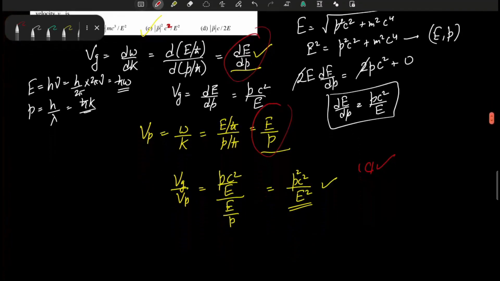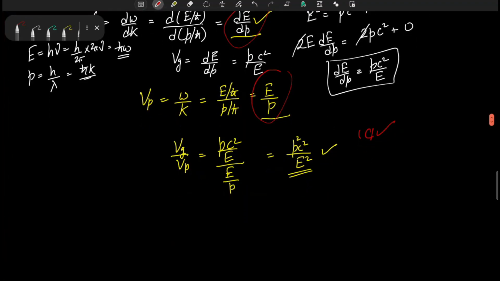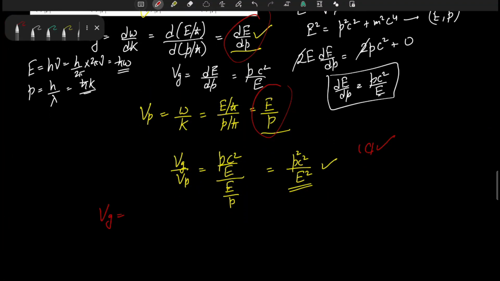I think you can calculate it by various methods. Like you got Vg here, which was dE/dp, and you got it as pc²/E. And you know that E/p is Vp. In place of E/p, you will write Vp.